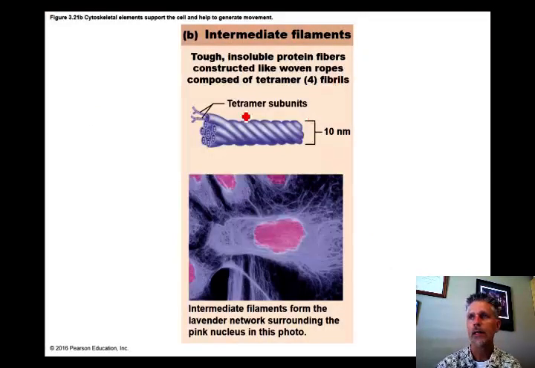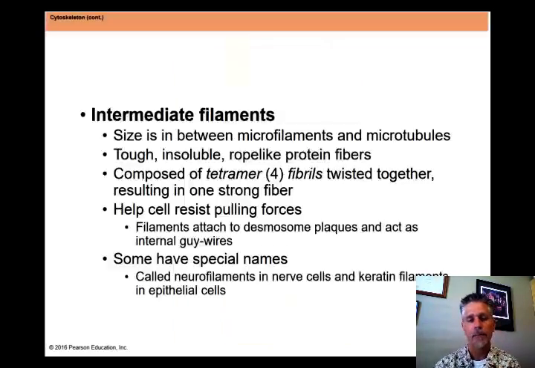So you can see here some of the additional structure associated with it and see how they're a little bit bigger. And here you can see, for instance, some of the intermediate filaments that are helping to form the structure inside of a particular cell of the body to give it a particular shape, to give it some strength, etc. So inside of neurons, we have these things that are called neurofilaments that give it its structure.